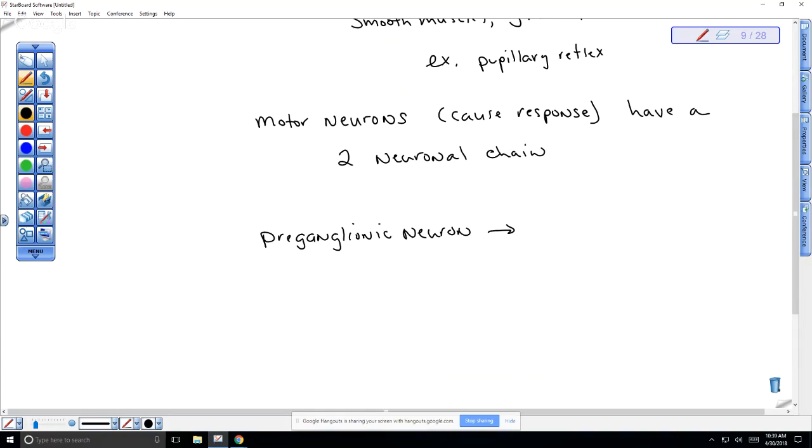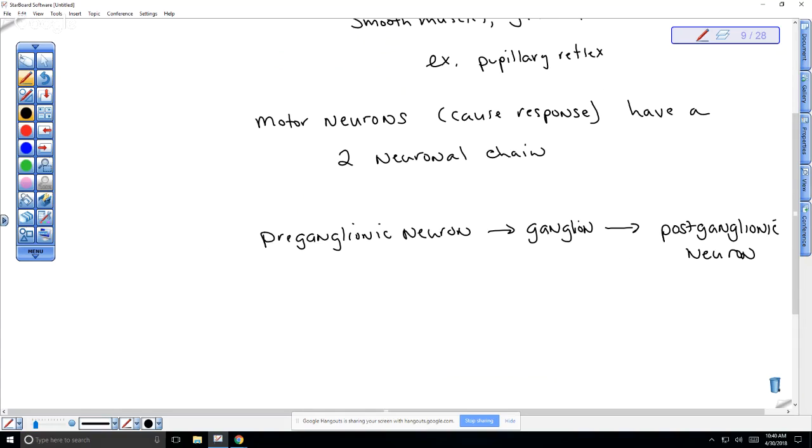And then this is going to connect to the ganglion. Right? The ganglion is that aggregation of nerve cells. And then we have the postganglionic neuron. Right, so pre versus post.